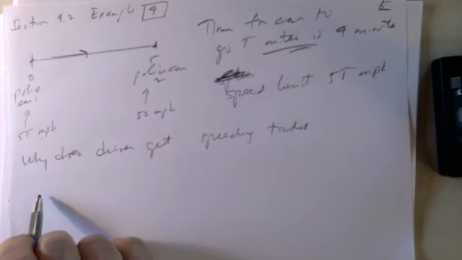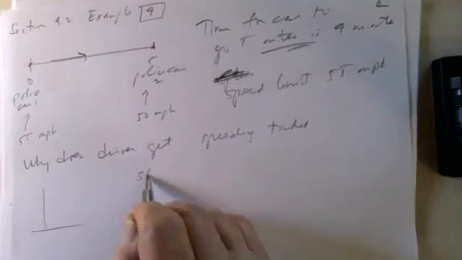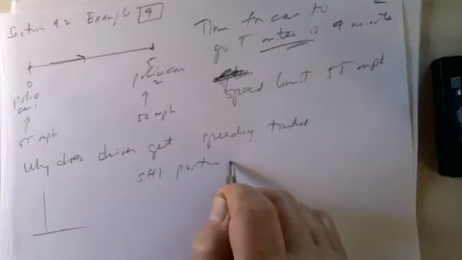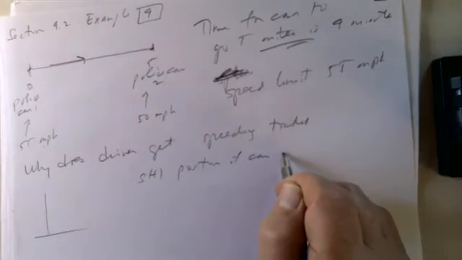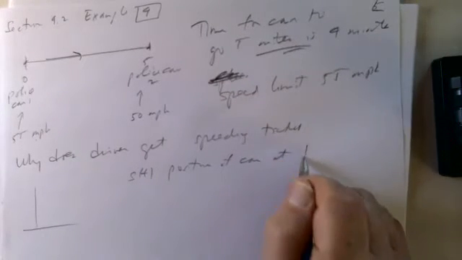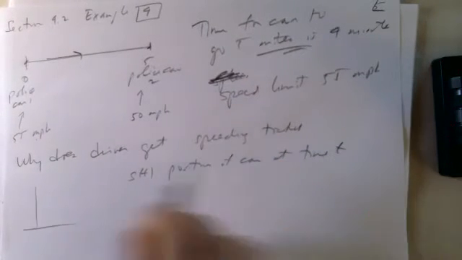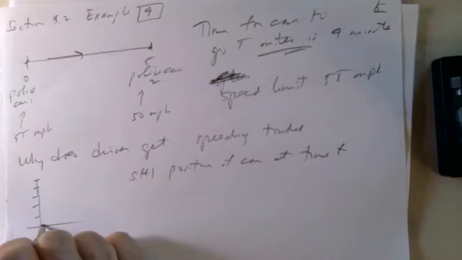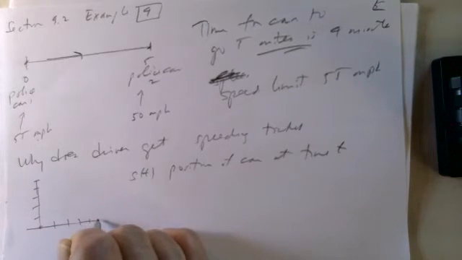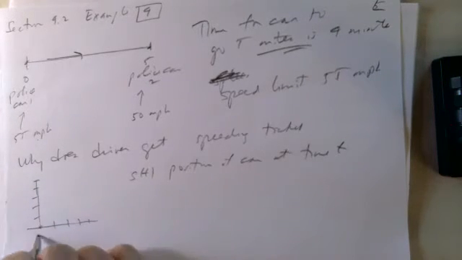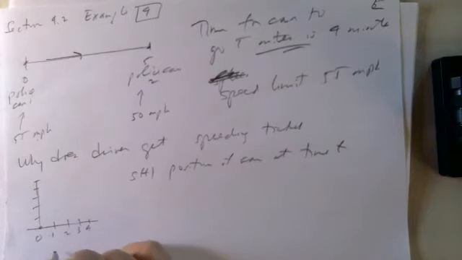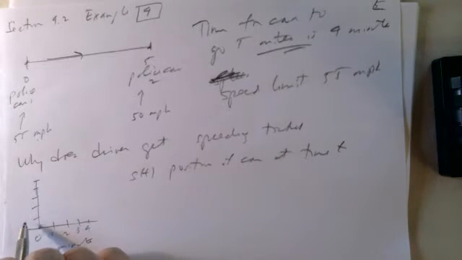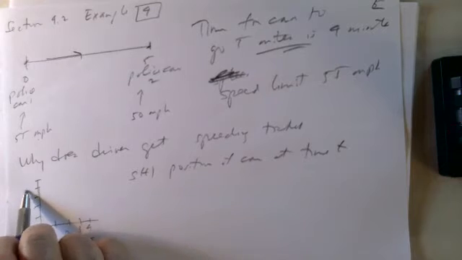So let's imagine S of t is the position of the car along the highway at time t. So 0, 1, 2, 3, 4. This is time in minutes. And this is distance in miles.